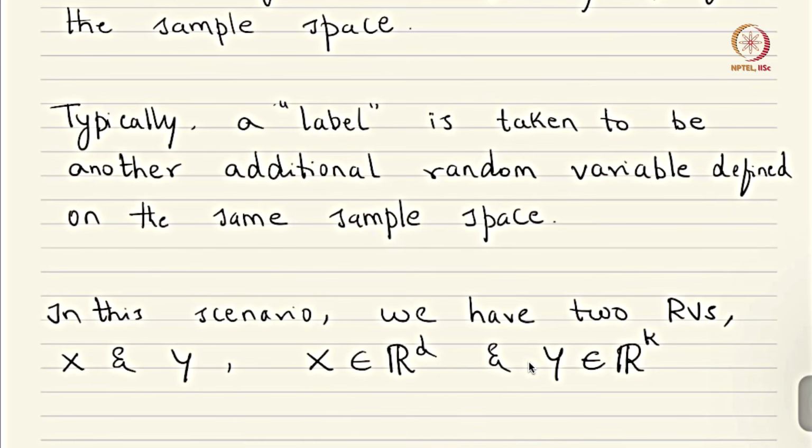If you have 2 labels 0 and 1, then your k is 1. Suppose instead you have 5 categories, then your y will become discrete, 0 1 2 3 4. It is not RK, it is this set, right.